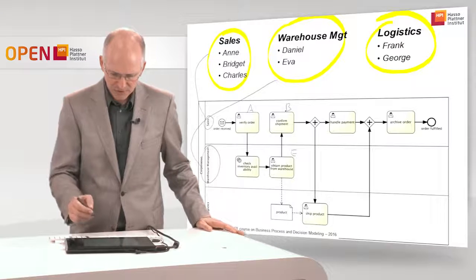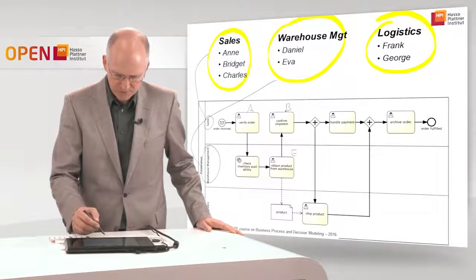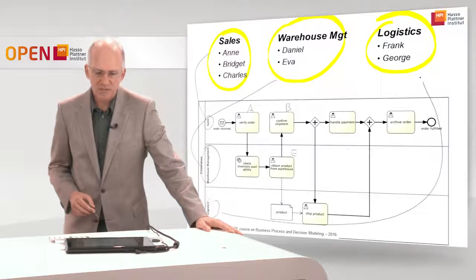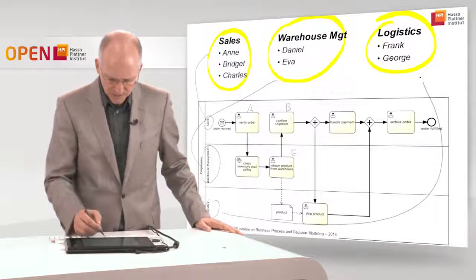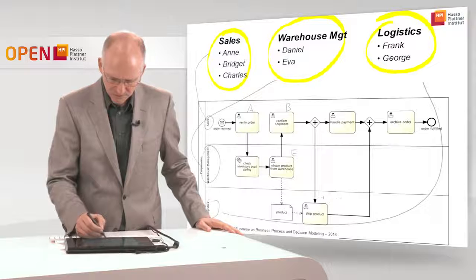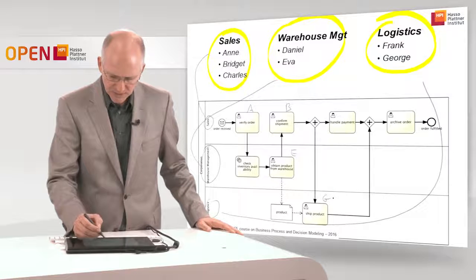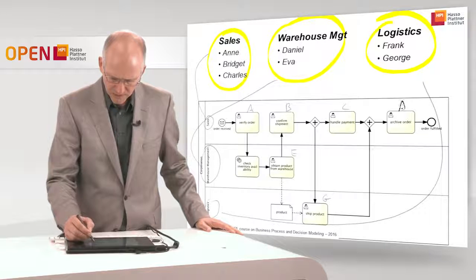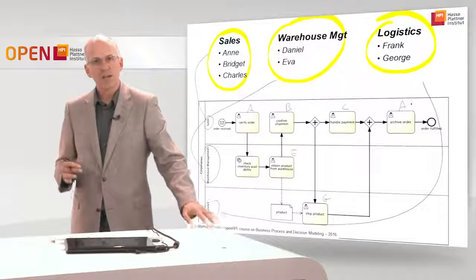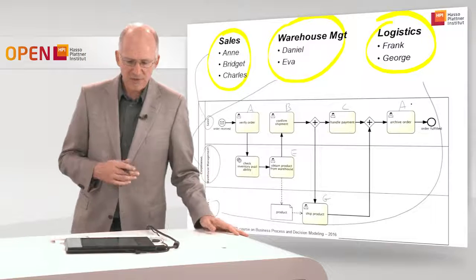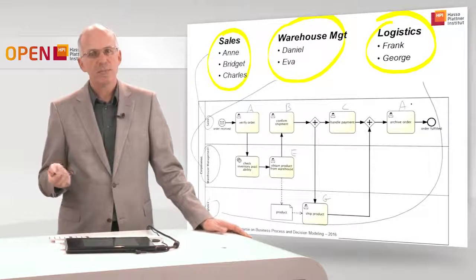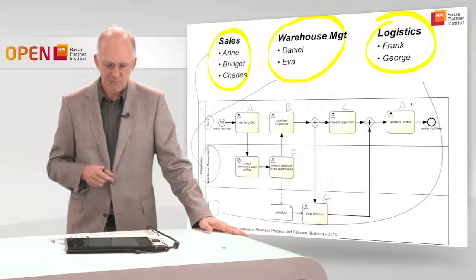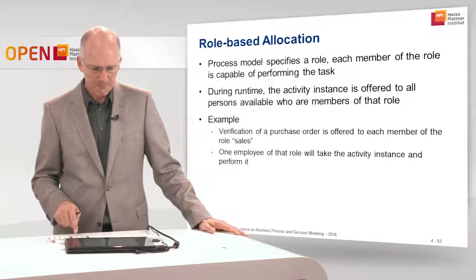Ship products is logistics, with Frank and George, and George is doing this. Charles can handle the payment, and Anne can again archive the order. So via this indirection of the resources, we have a mapping of the activity instances to the particular persons involved.